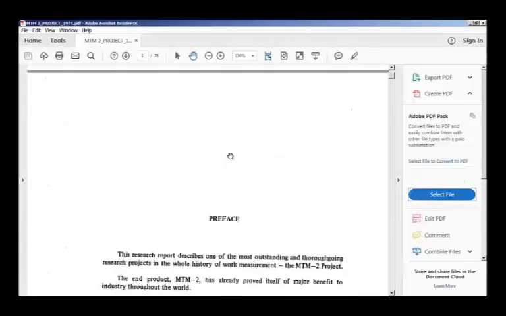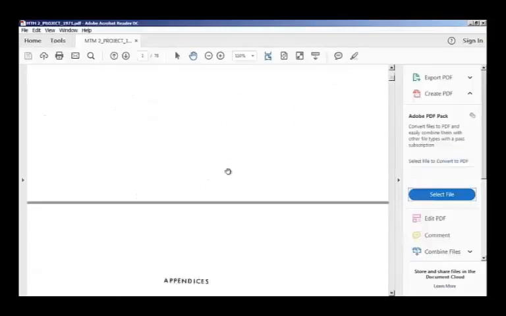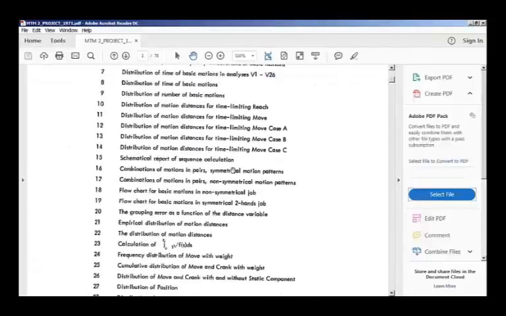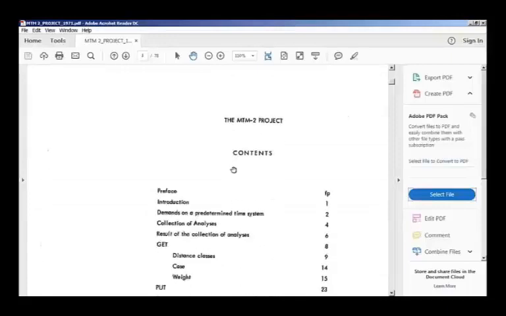You will see just how comprehensive and detailed it is.